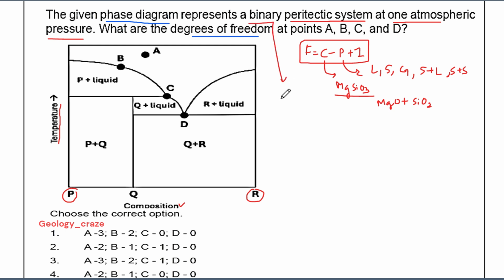Binary means two components only, but we are getting 3 in this. So what is the reason behind this? Why are we using 2 but we have seen 3? Because this phase diagram is a peritectic system, and that's why it is different from the other binary systems.